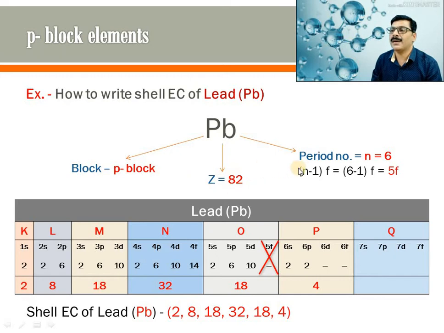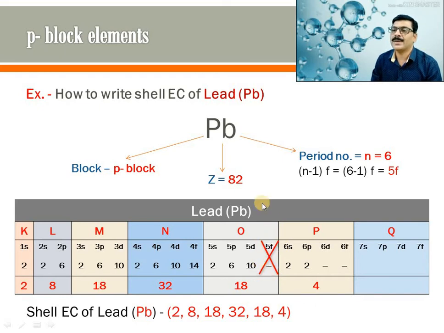Now then, the period number: lead is present in the 6th period, and so the value of n is 6. Now we know that for a p block element you have to ignore the n-1 f orbital, and here the value of n is 6. So 6 minus 1, the 5f orbital you have to ignore.